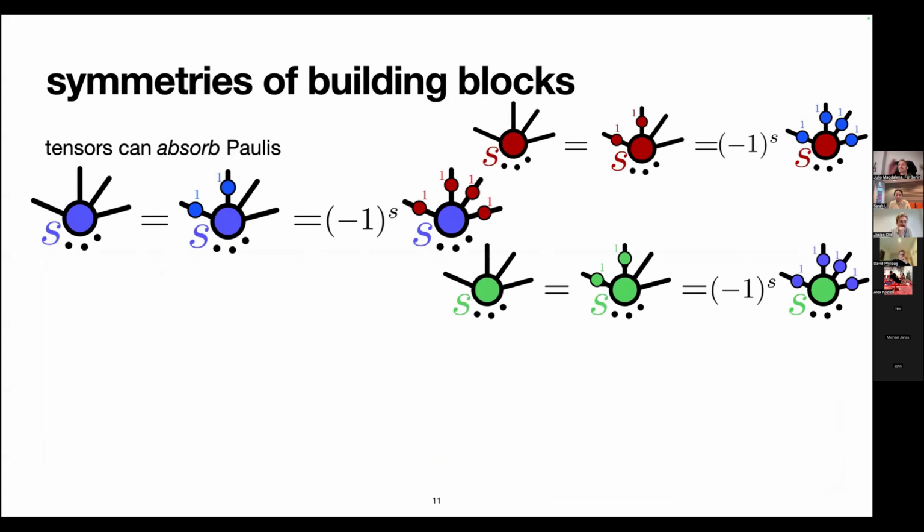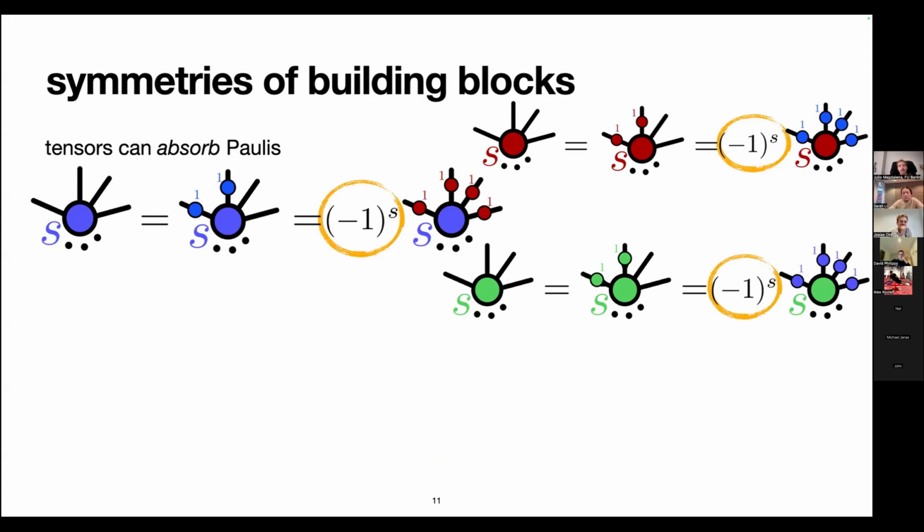And now we have this more or less symmetric set of symmetries with this small change that there's this small orientation on the green tensors, but they look very similar. We will use this in a second to propagate Paulis through the protocol and understand their effective action on some encoded information. So for this, it's important to keep track of these phases.